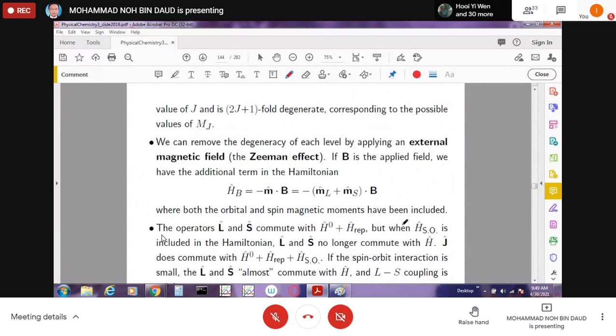Now we want to look at the spin orbit interaction.